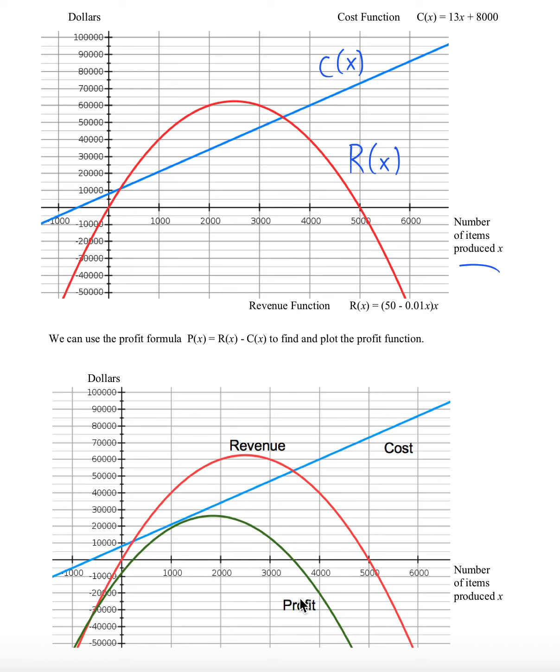If we subtract the two functions, we can see that the profit makes an upside down parabola shape. And if we want the maximum profit, then we want them to make the right number of units to achieve that maximum profit. It happens somewhere around 2,000 units.